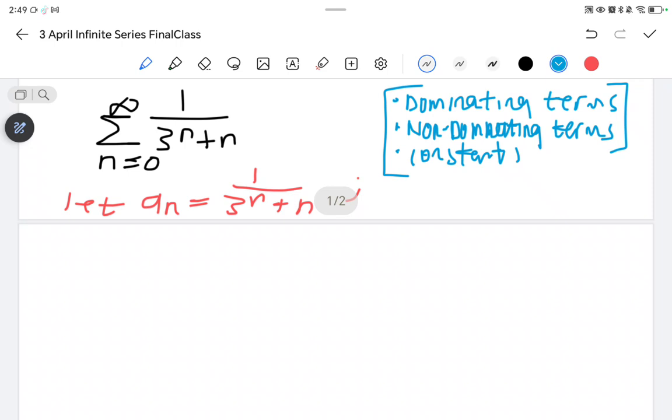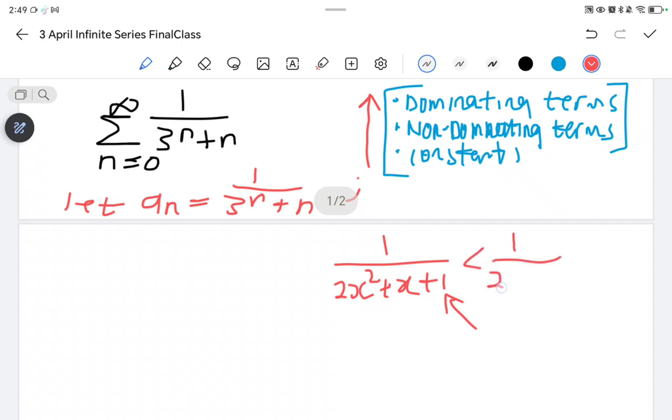So when you are cancelling, you start here going up. If we have these three in the same equation, let's say 1 over 2x squared plus x plus 1, this is a constant. If we are going to cancel, we start by saying this is 1 over 2x squared plus x.